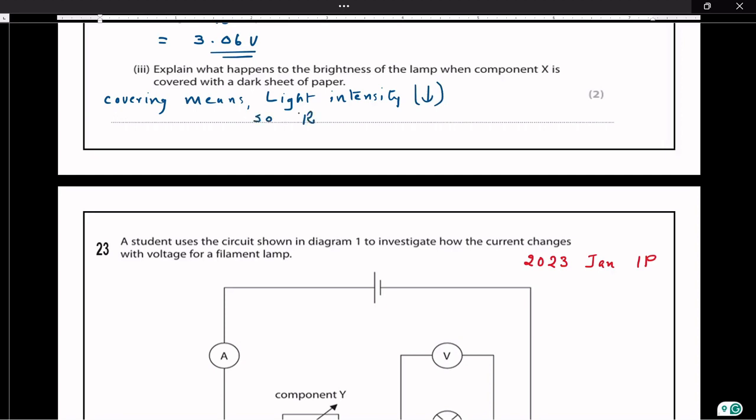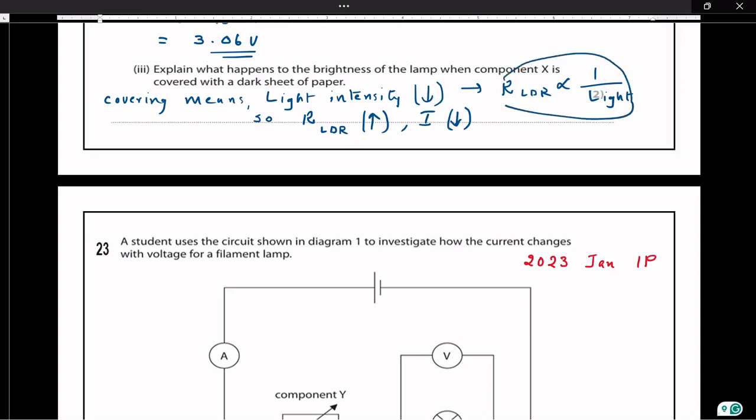The resistance of the LDR is increasing. When the resistance of the LDR increases, as a result, I decreases; the current of the circuit is decreasing. So we have the relation that the resistance of the LDR and light intensity are inversely proportional. As per this relation, when the light is decreasing, the resistance increases, therefore current decreases, so the brightness decreases.